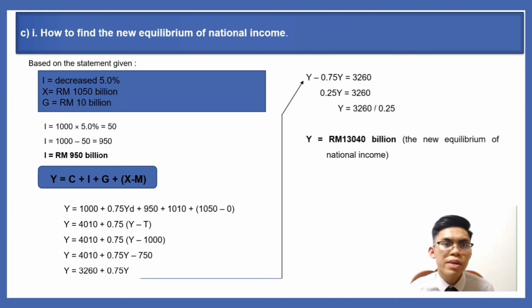Based on the statement given, aggregate investment contracted for the 5th consecutive quarter by 5% with broad-based weaknesses in both private and public investment. So it means that I, which is investment, decreased 5%. So 1000 billion needs to be reduced by 50 billion, which is 5% of the amount.